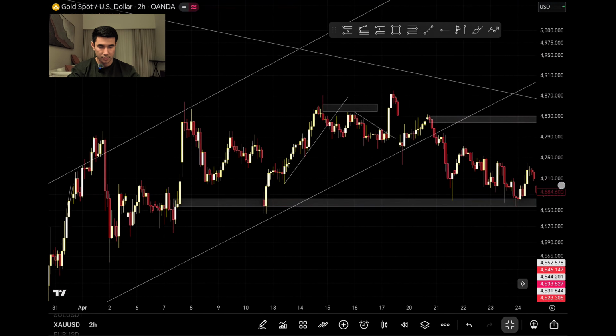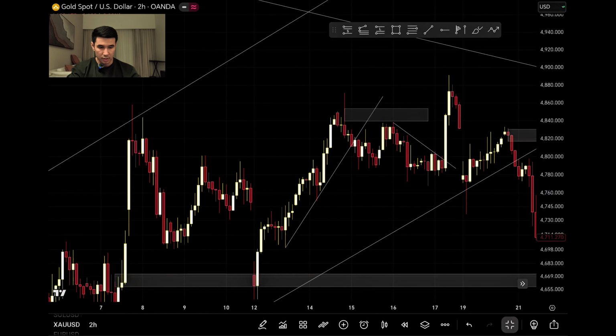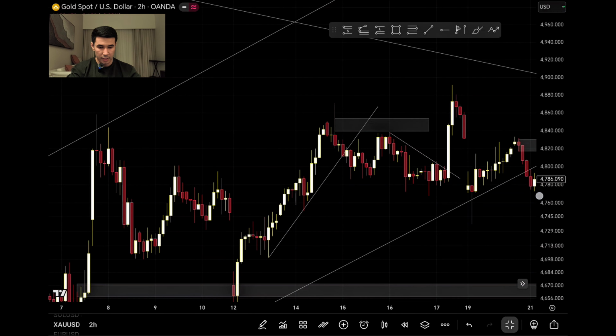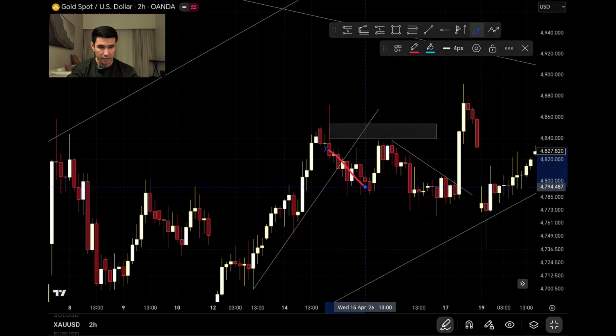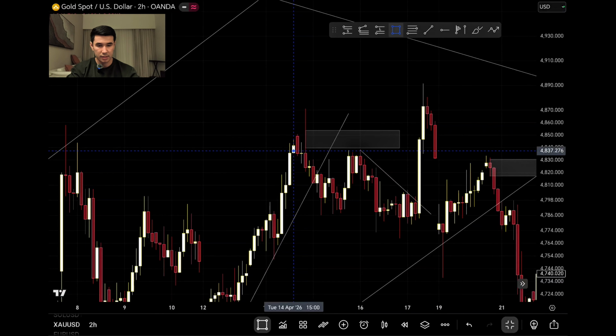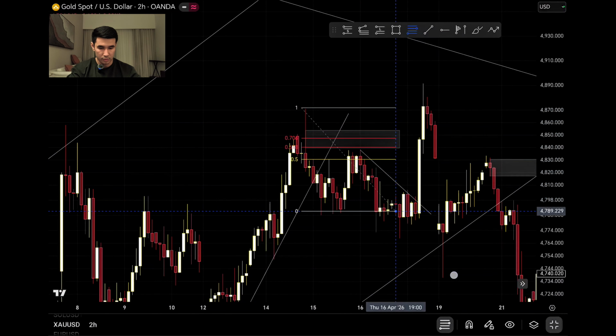Okay guys, here I think I had this before, and this is the trend line, and here it broke the trend line as you see. Let's put this Fibonacci from this top to down.